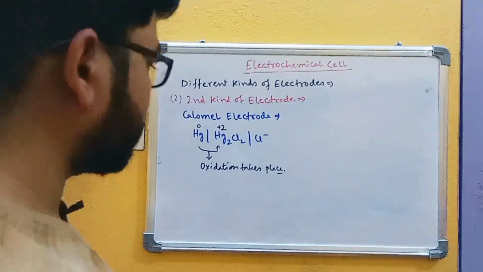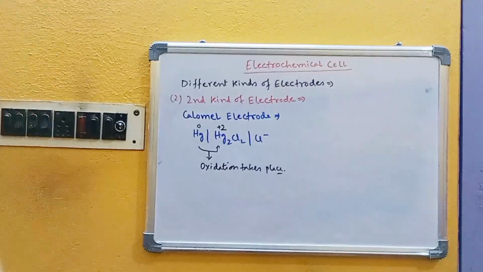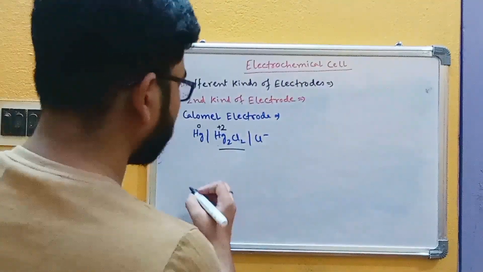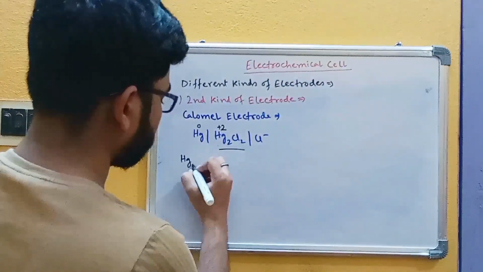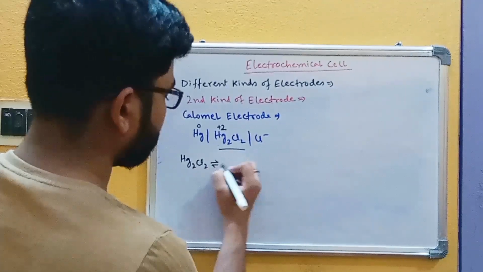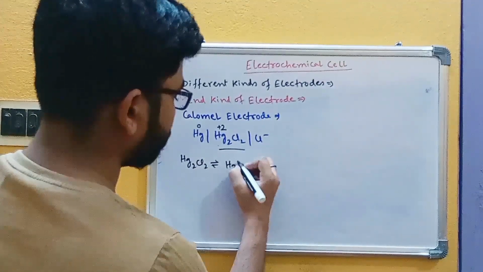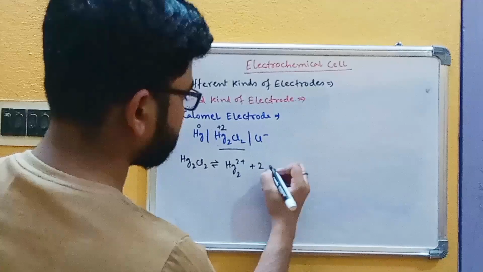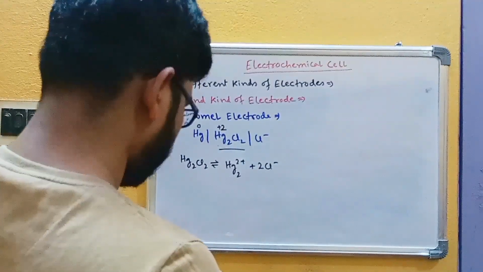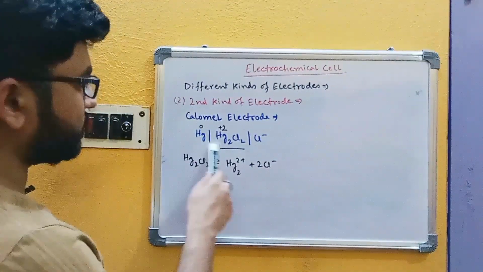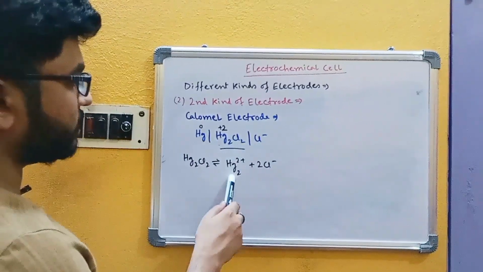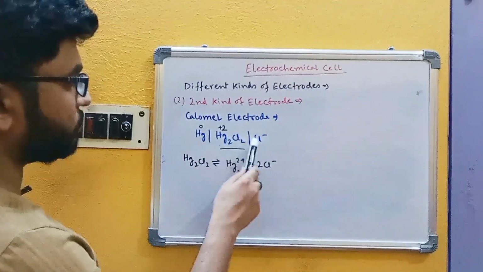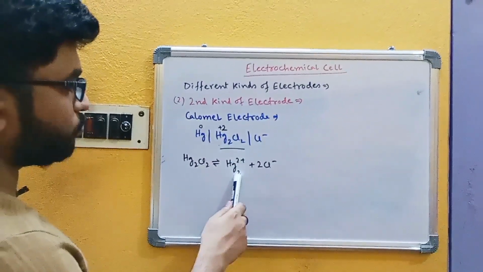Now how do we write the half cell reaction? Start with this insoluble salt. Ag2Cl2 dissociates as Ag2 2 plus and 2Cl minus. Now notice that in this representation there is no Ag2 2 plus, there is Ag2Cl2, Cl minus, but there is no Ag2 2 plus.